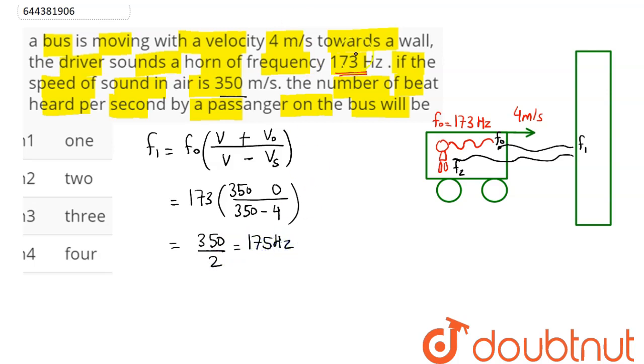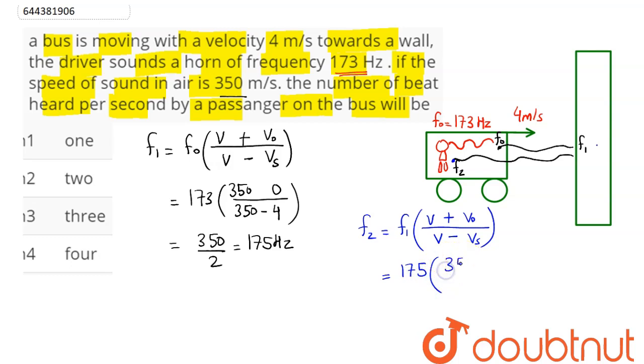Now we need to find the frequency F2 reaching the passenger. F2 will be given by the same Doppler effect. Now the wall will be the source, and the passenger will be the observer. Since the passenger is moving towards the wall, the frequency increases, hence plus minus. F1 we have calculated as 175.